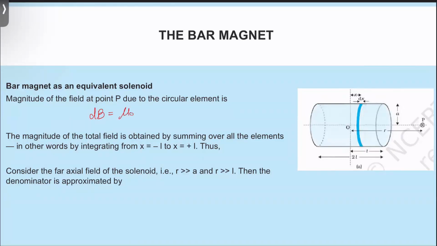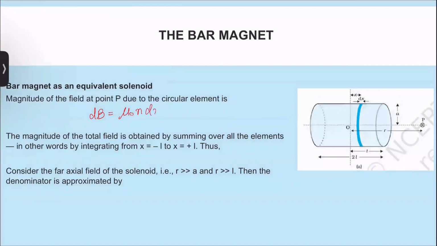So dB is equal to mu 0 n dx I a square over 2 times (r minus x) the whole square plus a square, the whole thing raised to the power 3/2. We had seen this in the previous chapter: how we get the magnitude of the field at any point due to a circular current loop. We can just put the values in those and get this.